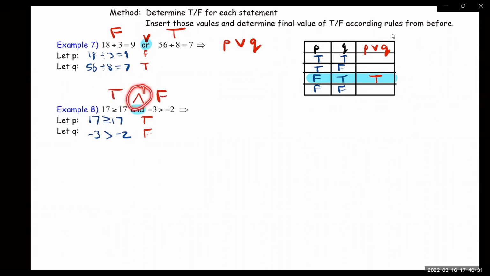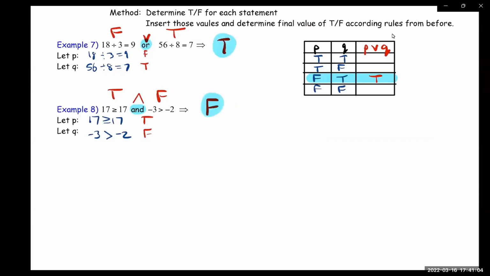And because it's an and, that means they both have to be true in order for the statement to be true, but one of them is false. So we say that it is false. I should have said, the final answer is true for the first one, and for this one, the final answer is false.